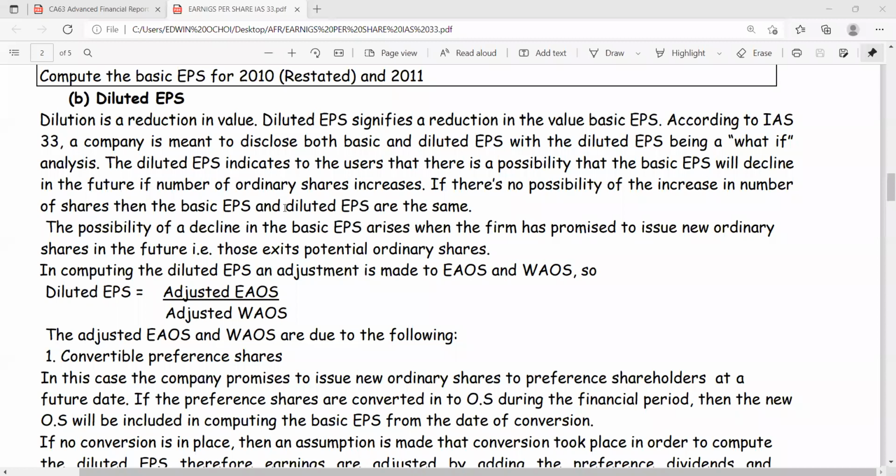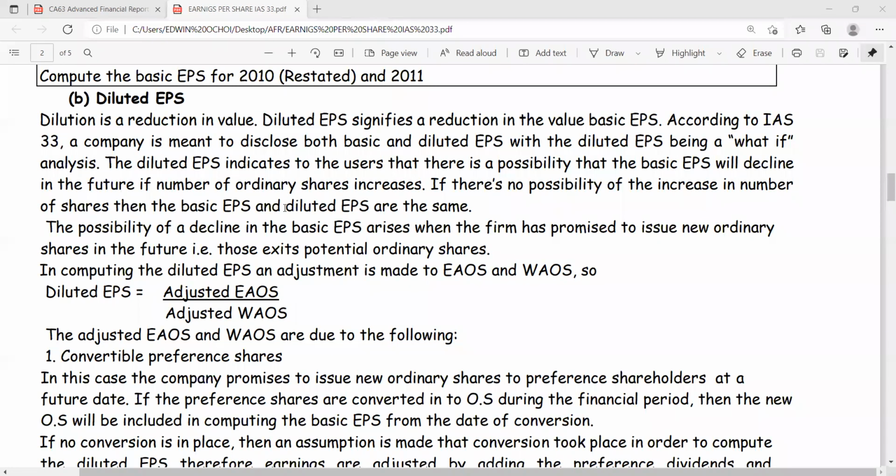When we talk about potential preference shares, for example, there will be an increase in ordinary shares, because for us to use that potential security called preference shares, we have to assume that it is being converted to ordinary shares.